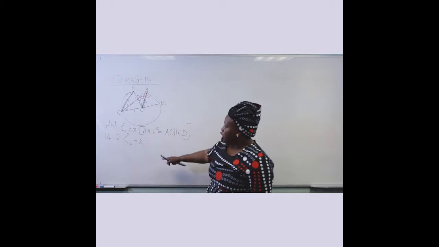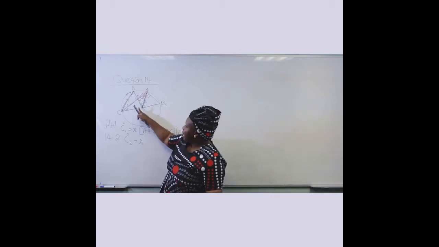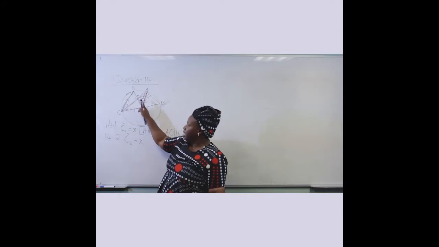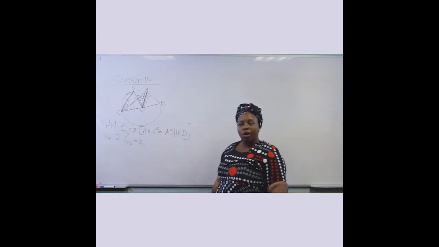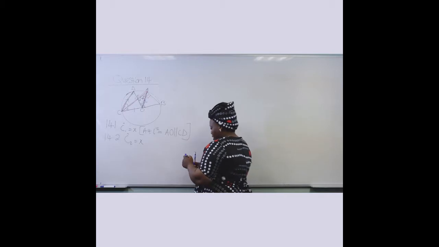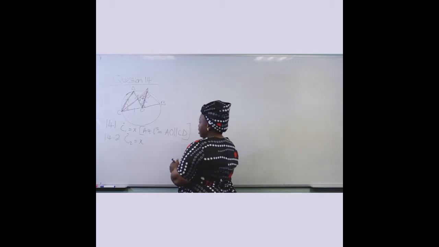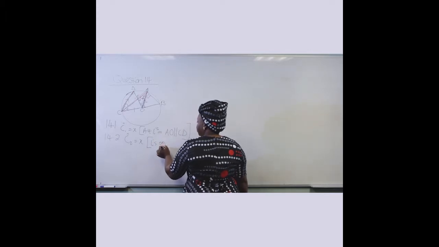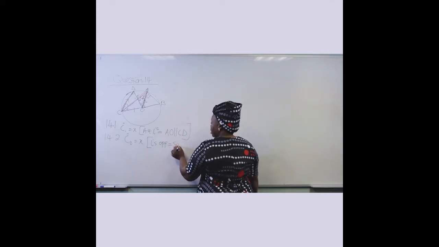They are radiuses. So if these two lines are equal, they are opposite the angles that are going to be equal as well. So that means C2 is equals to X because it's the angles that are opposite equal sides. So let's write that because that is the reason. It is going to be angles opposite equal sides.